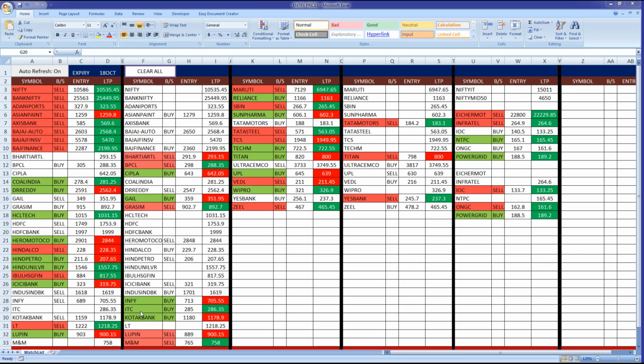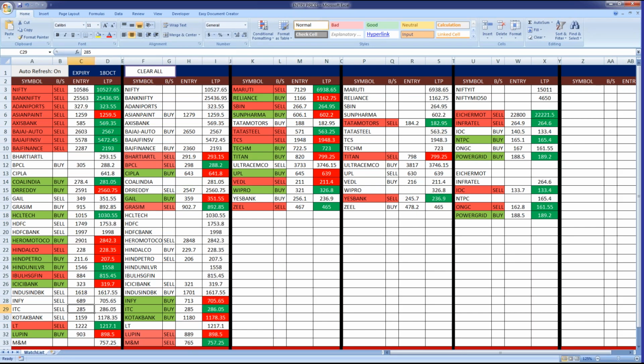So what I do is I type sell here and enter my price 285. So once it gets triggered, another 95 paise, I will get into that sell. I've already made profit on the buy side, that is 5 rupees profit on the buy side. So I'm getting a second call on ITC.